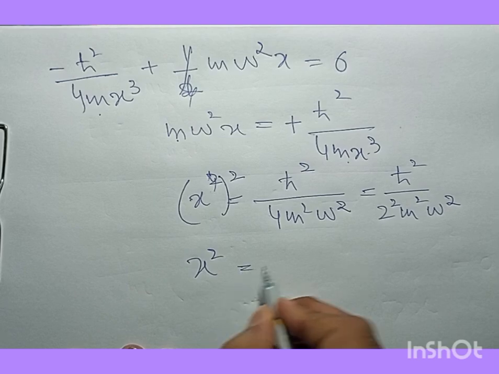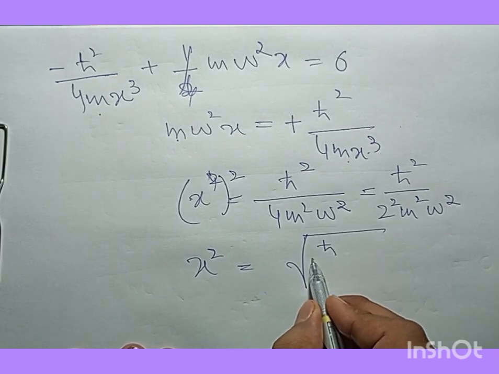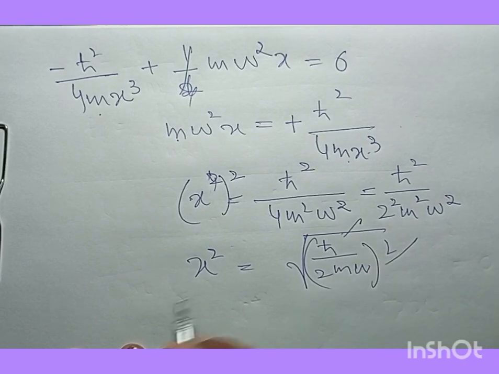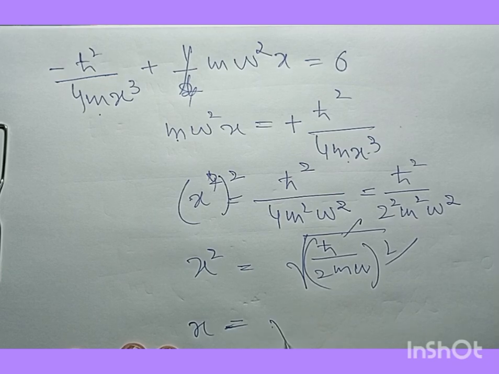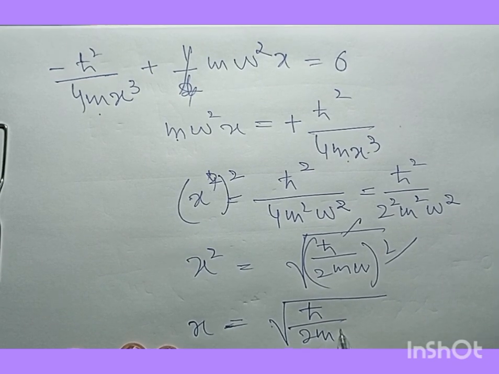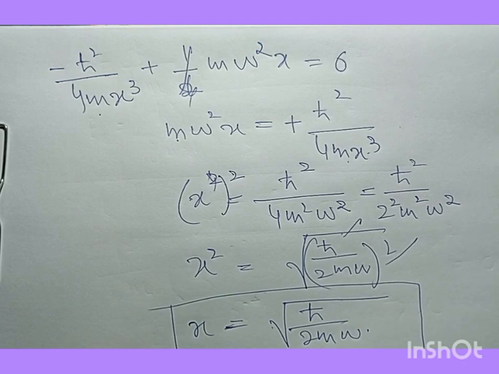So I have x square equal to h cross by 2m omega. And finally, we'll have x equal to under root of h cross by 2m omega. So this is our minimum possible position.